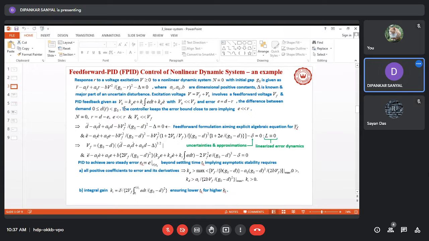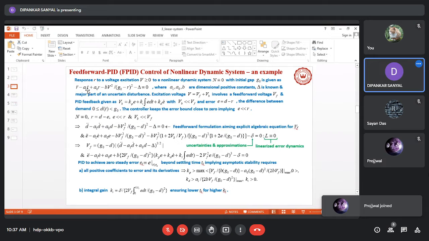So here we are considering an example. We have a system whose ordinary differential equation representation is like this. We can consider R to be the response. It's a second order equation in which A1, A0, B, these are positive quantities.